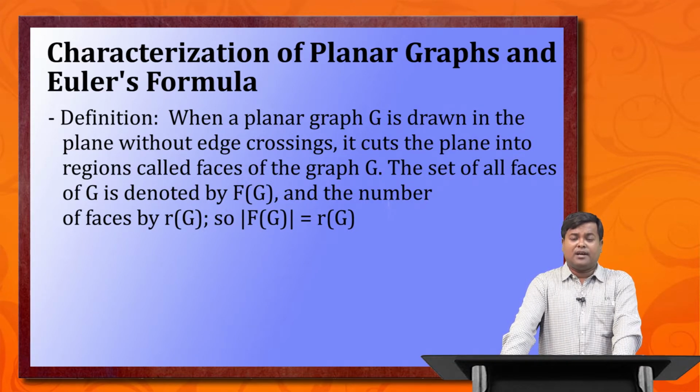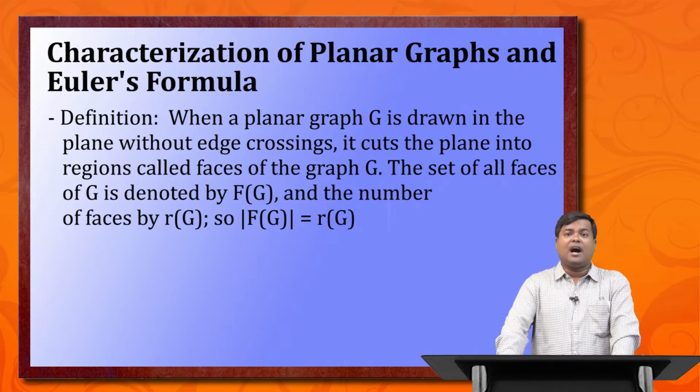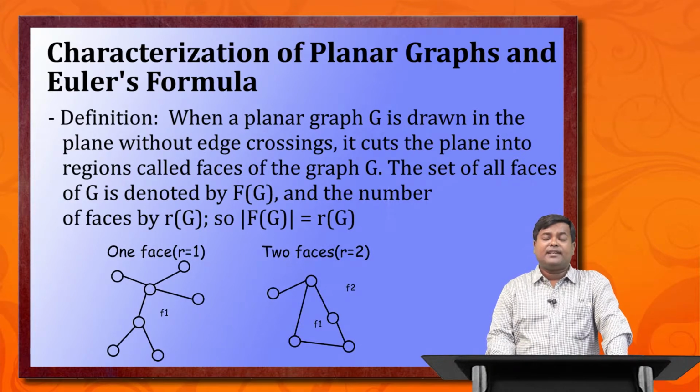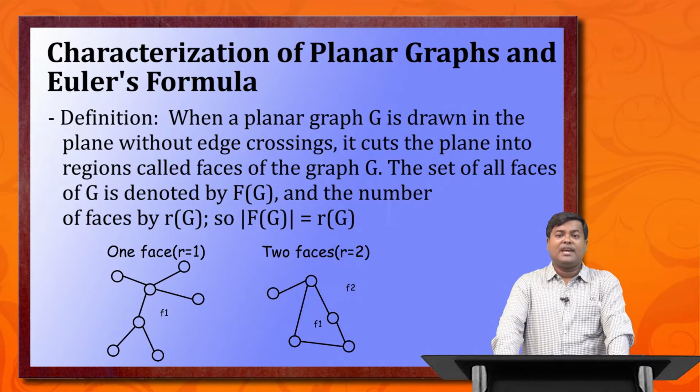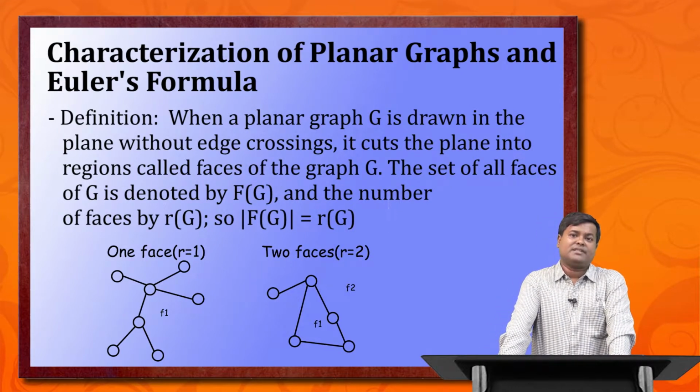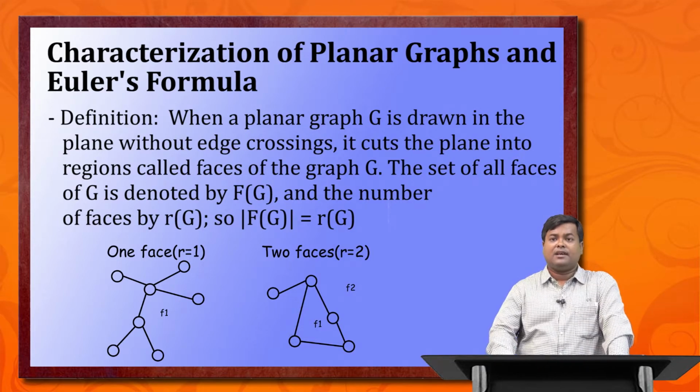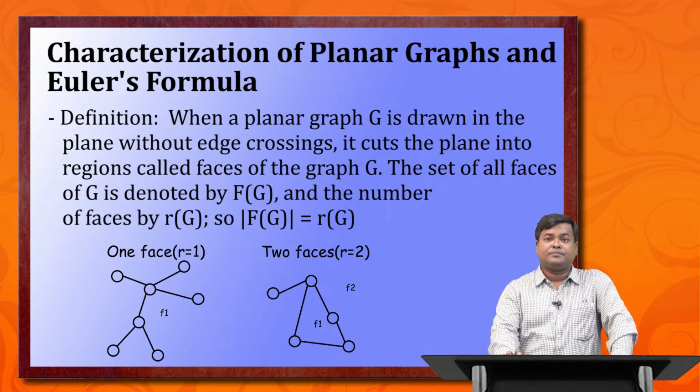So the total number of elements in capital F is r. We have given two examples where r equals 1 and r equals 2. With r equals 1 we have only one face, so obviously it is a tree, and r equals 2 is another graph which has two faces, one interior and one exterior.